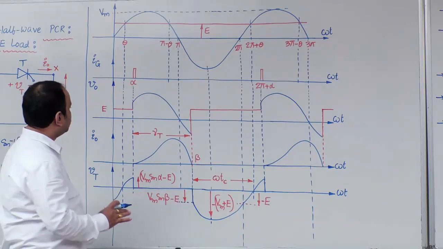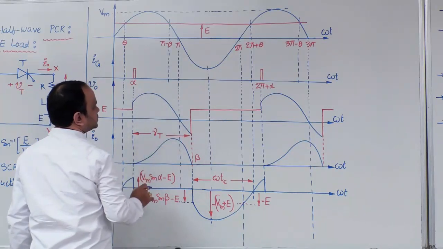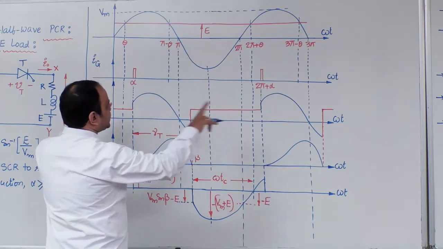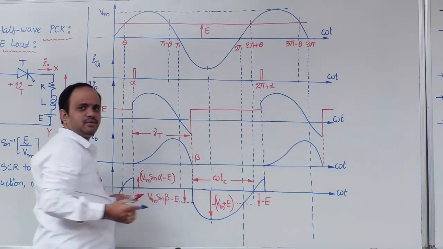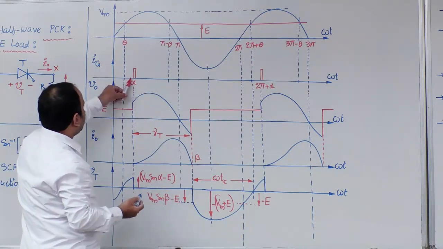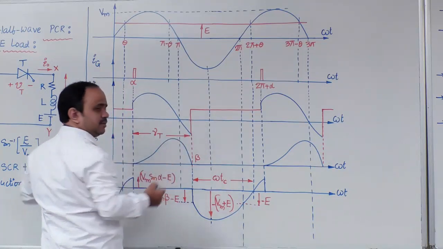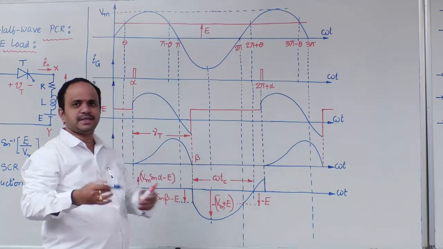So it is preferable to find the average output voltage. If you look into one cycle, alpha to 2 pi plus alpha will be one cycle. So how can you write down the limits? Alpha to beta is one limit, beta to 2 pi plus alpha is another limit.